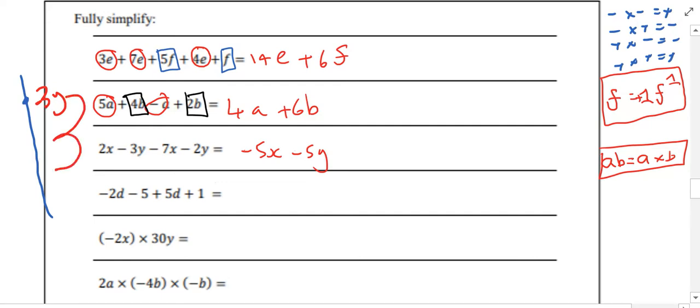So that's negative 3, negative 4, negative 5. And remember that this direction is positive and this direction is negative.